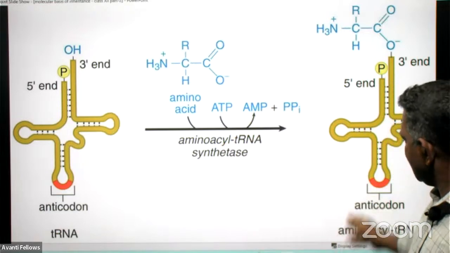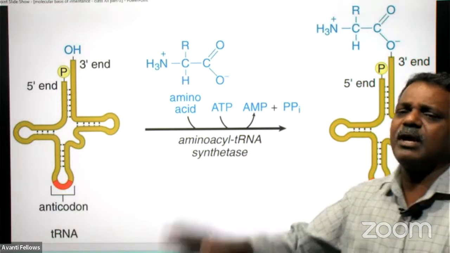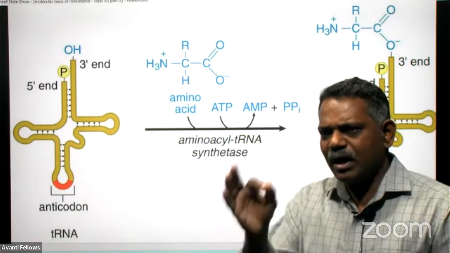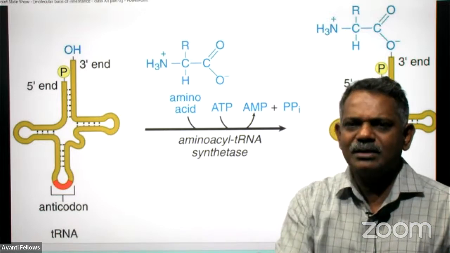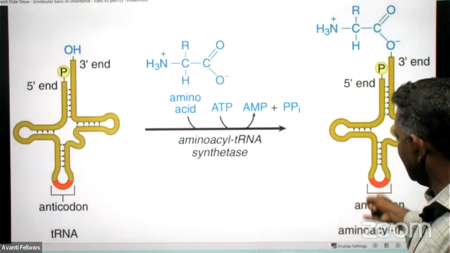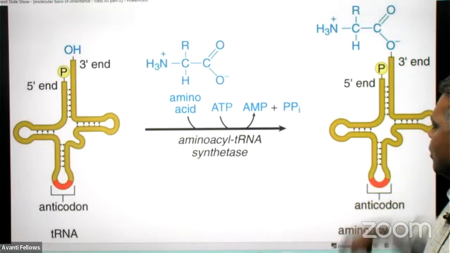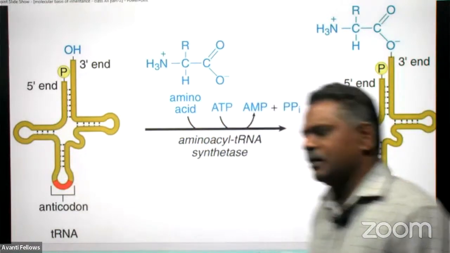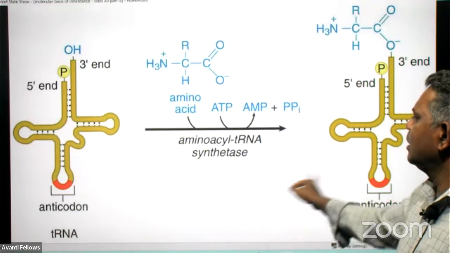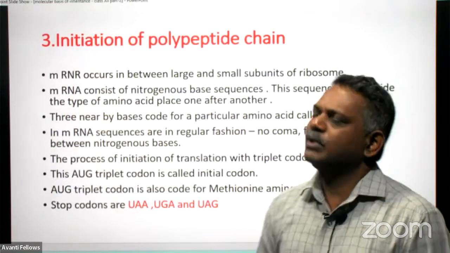The difference is in the anticodon sequence. For every tRNA, there is a particular amino acid that is decided by the triplet codon present in the anticodon loop of the tRNA. Right?